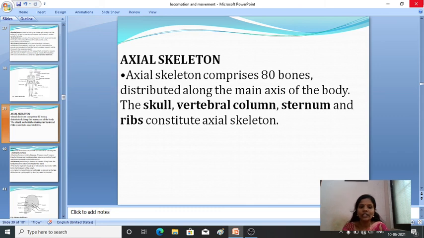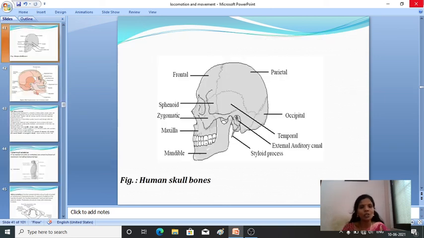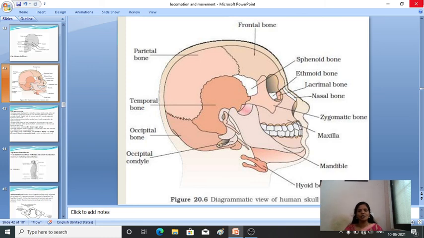In the axial skeleton we have completed the skull, vertebral column, sternum and ribs. These parts of the axial skeleton we completed in today's class. The skull has 2 main parts, the cranium and the face. This is a human skull, which gives protection to the brain.